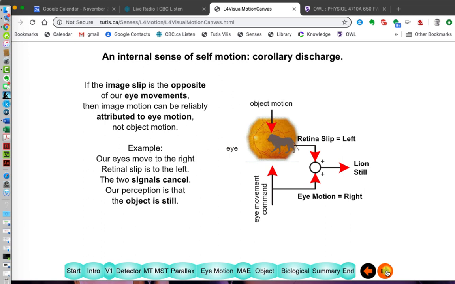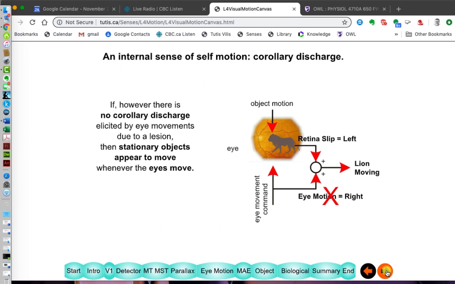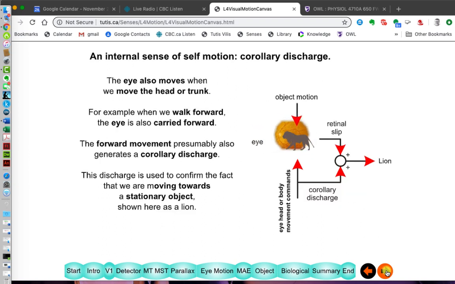So the two signals cancel. If there were no corollary discharge in this situation, you would see the same retinal slip, and you would sense that the lion is moving, incorrectly sense that the lion is moving.